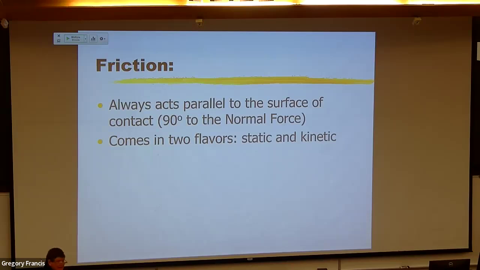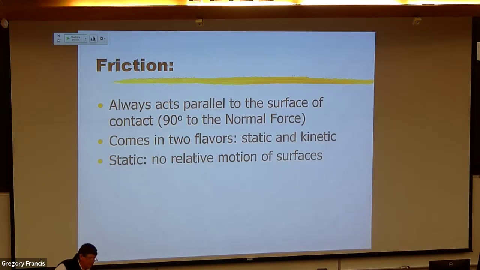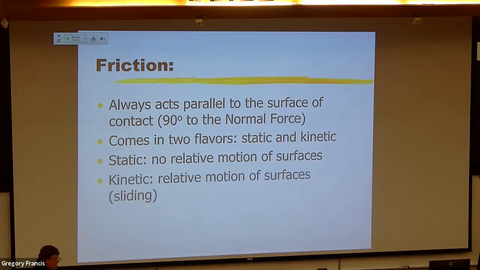Kinetic is just way simpler than we have any right to expect. Static is when there's no relative motion between the two objects. If I push on this and it doesn't go anywhere, that's static friction. Kinetic friction is the type of friction you can hear. You can hear the scraping.